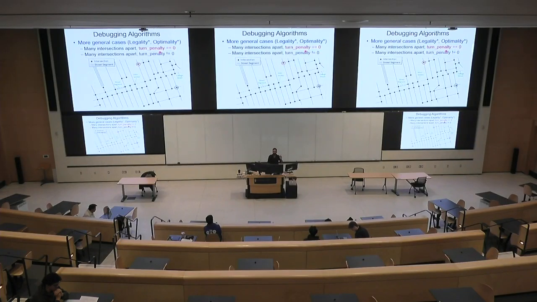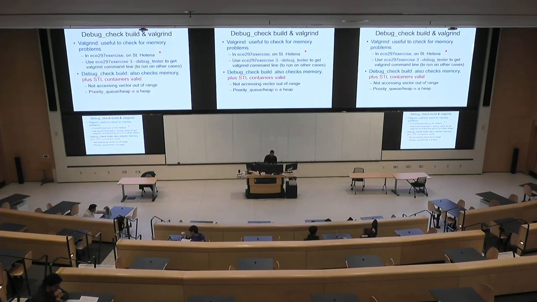Again, test first with turn penalty 0, and once you know that this is working fine, go ahead and test with the turn penalty not equal to 0. There are also extra unit tests for Valgrind in order to make sure that you don't have any memory issues. The Valgrind test is useful to check for memory problems.